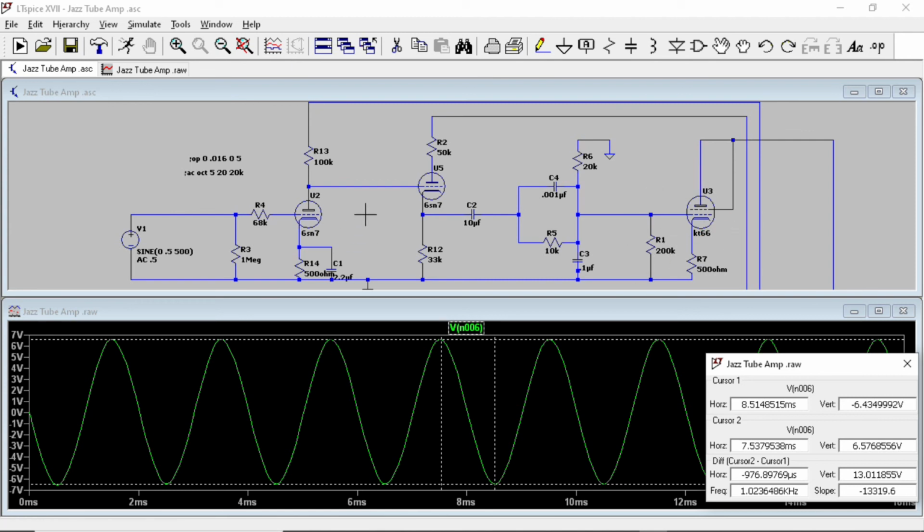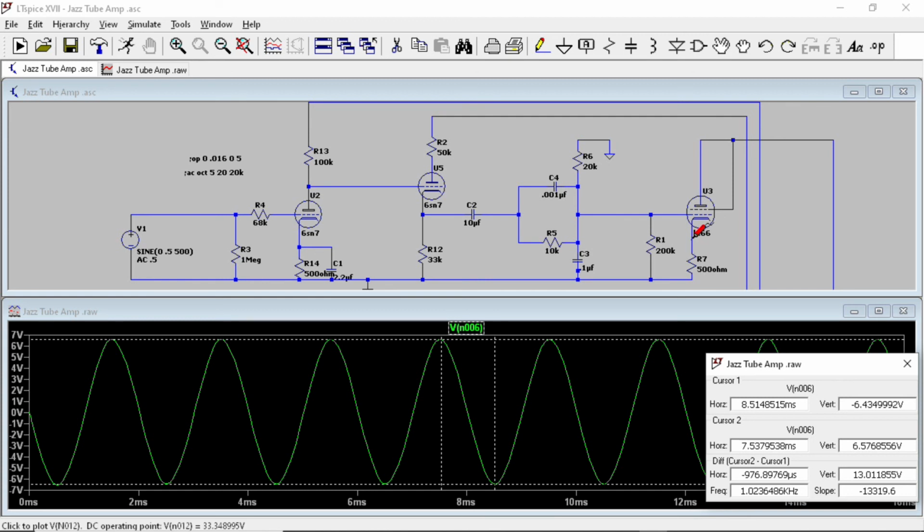So the preamp stage is pretty well certain, but for the output stage here, I'm not sure what value of pull down resistor I'm going to use here at the grid, or how much I'm going to cathode, or what value I'm going to use to bias this cathode.